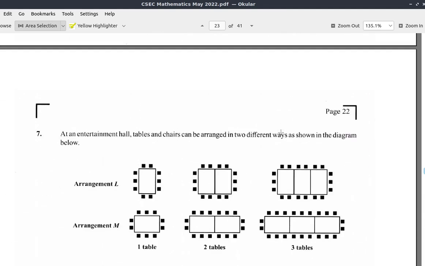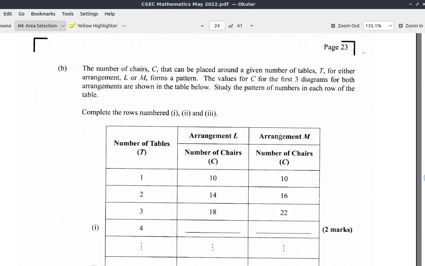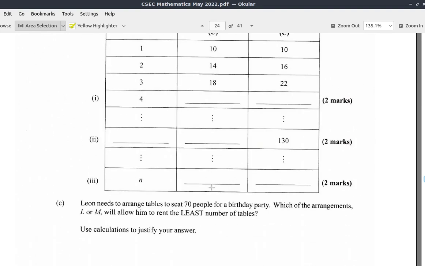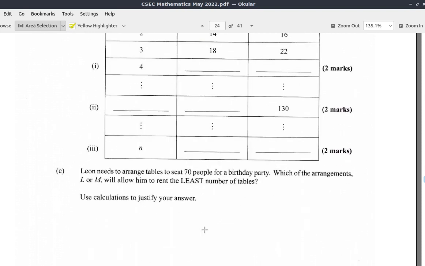That's question 7b. Now, we're going to need arrangement L.